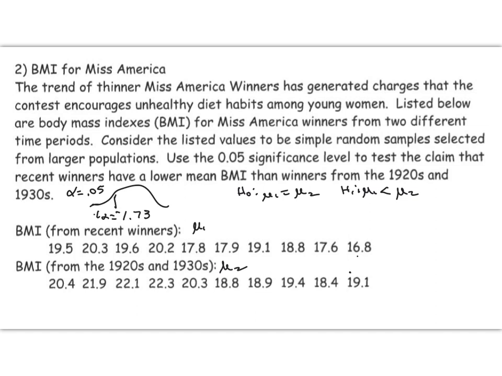All right, I'm ready to run my test. I go into stats, tests, two sample t-test, because these are independent, right? My winners don't really have anything to do with each other. And then I go to data this time because I have data in my lists.